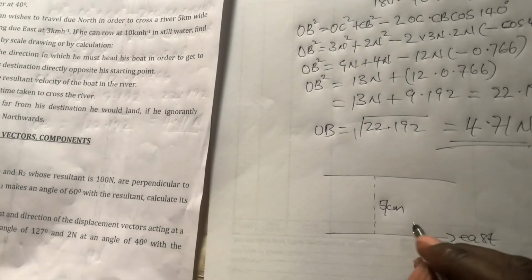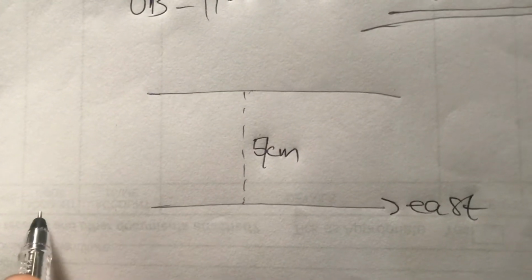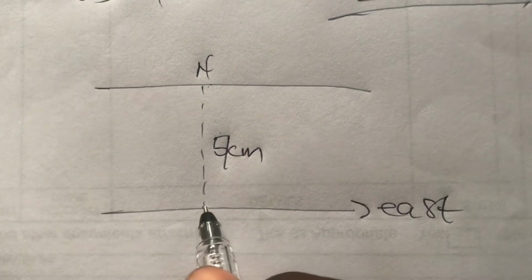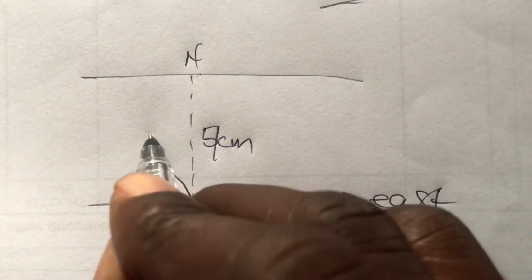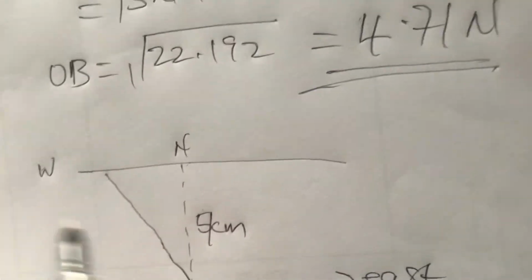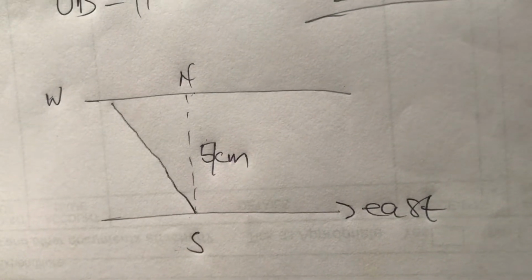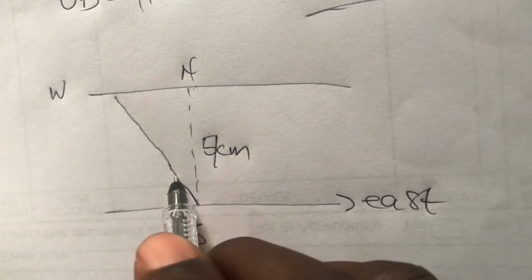Direction means we are looking for an angle. If this is east, this is north, he must head toward the west. This should be west. This is south. So this is the direction, the angle.